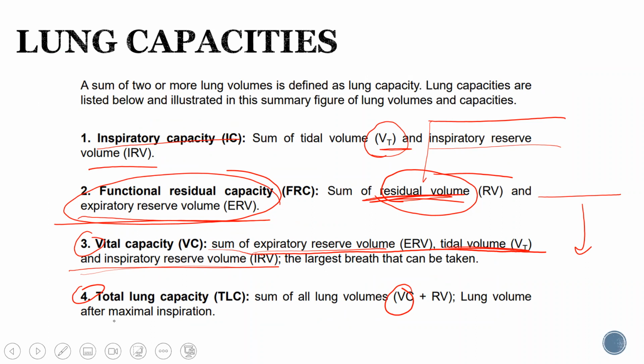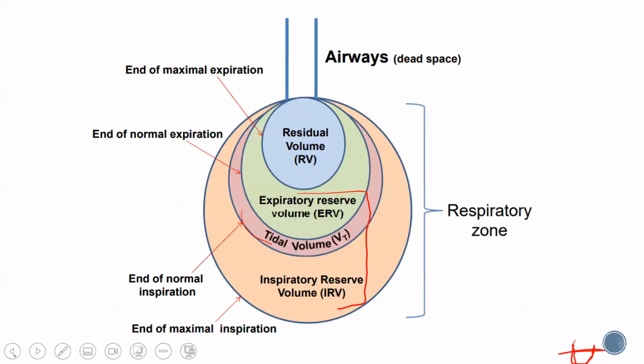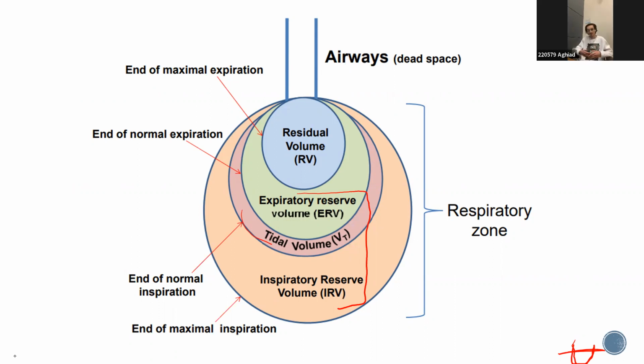Is everything clear? Can you go to the graph for a second? Yes, this one. So basically, expiratory reserve volume is the maximum expiration, the maximum amount of air you can breathe out. I'm kind of confused. Why does it say end of normal expiration in here?